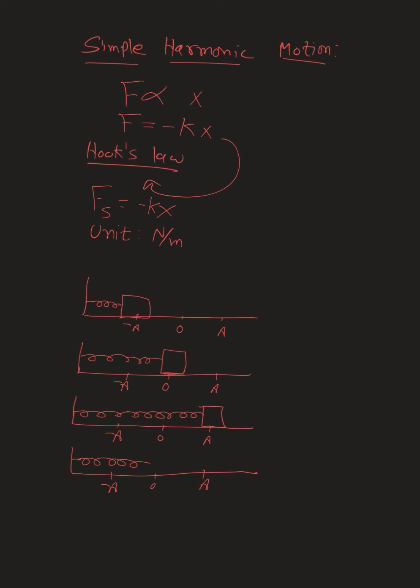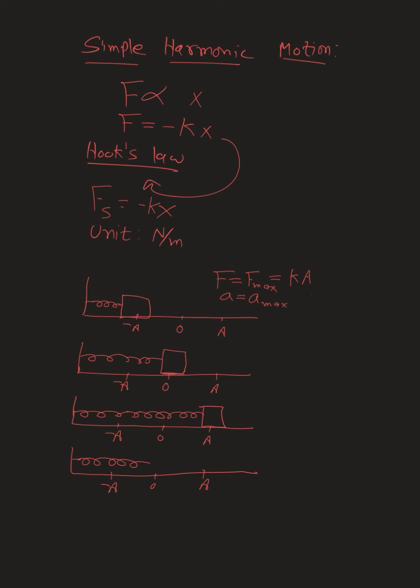So in situation one, you will have the maximum amount of force when you are compressing it. And when you are compressing it maximally, your x, which is the displacement, takes the value of the amplitude, because that's the maximum displacement you have, right? At exactly this point, you will also have your maximum acceleration.